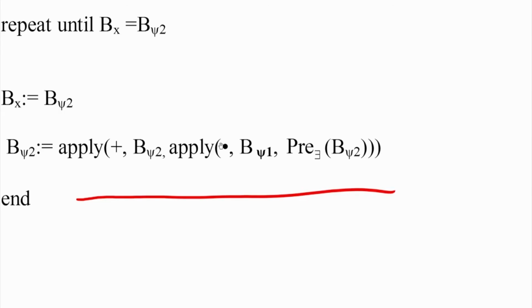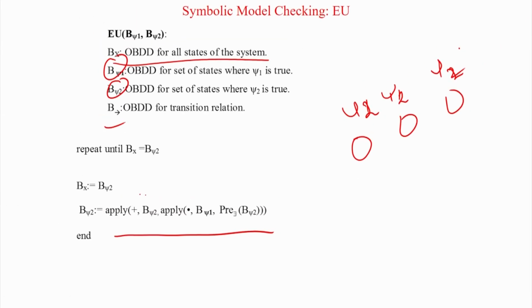This part simply corresponds to the case where psi 2 is true, because our main job is to wait: psi 1, psi 1, psi 1, and psi 2 should start holding. If psi 2 starts holding from any state, that state can be directly taken, because it is psi 1, psi 1, psi 1 until psi 2. Whenever psi 2 starts holding, your life is safe. So we keep all the states where psi 2 holds; that part is simply an OR with psi 2.